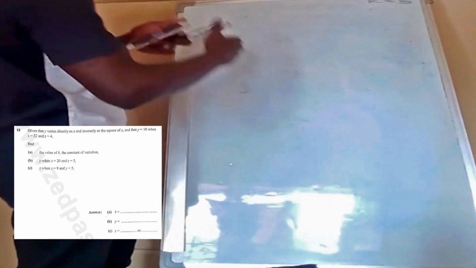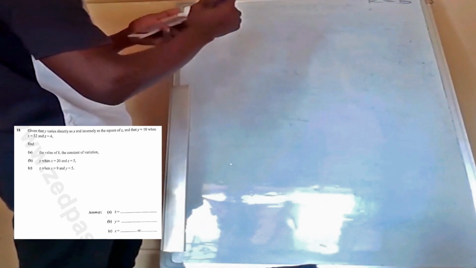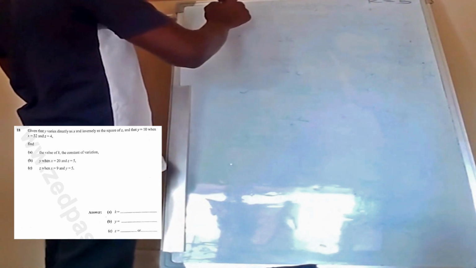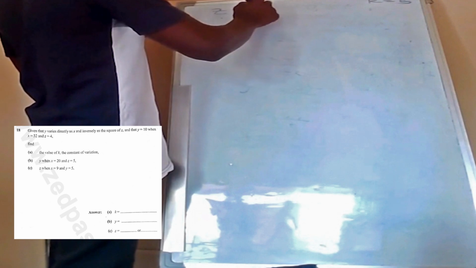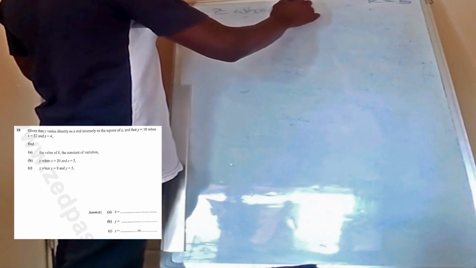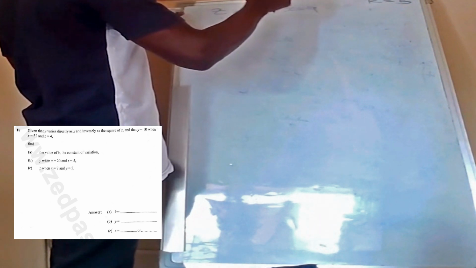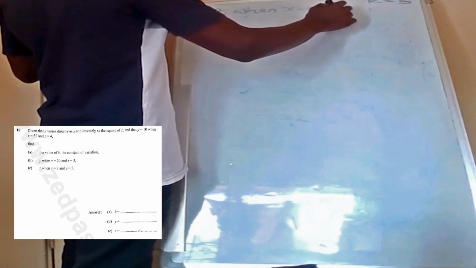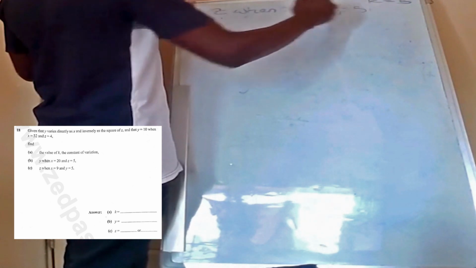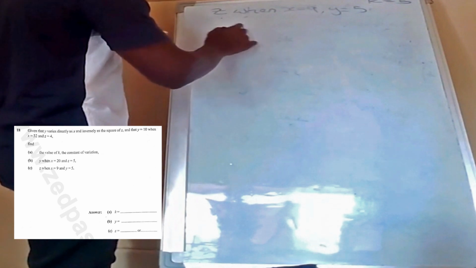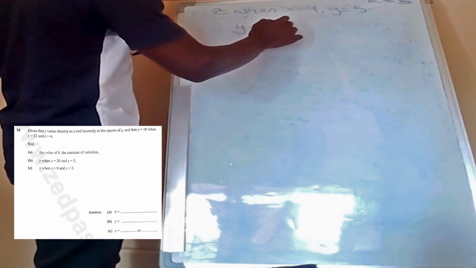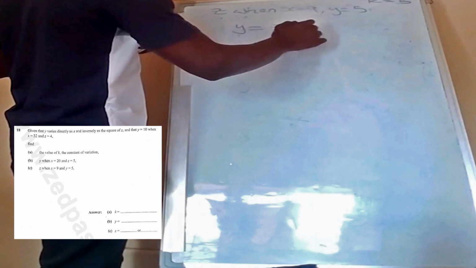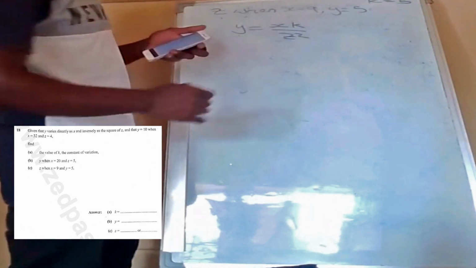C is saying, find z when x equals 9 and y equals 5. Okay, so our variation is y equals xk over z squared.